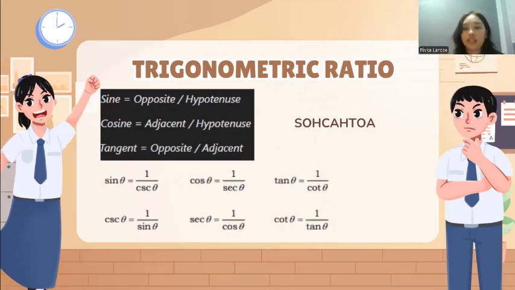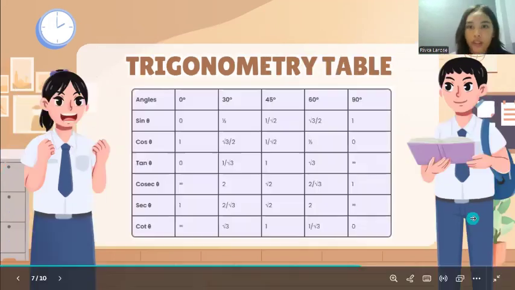The angles commonly used in trigonometry problems are 0 degrees, 30 degrees, 45 degrees, 60 degrees, and 90 degrees. These angles will be defined with respect to the ratios associated with them.